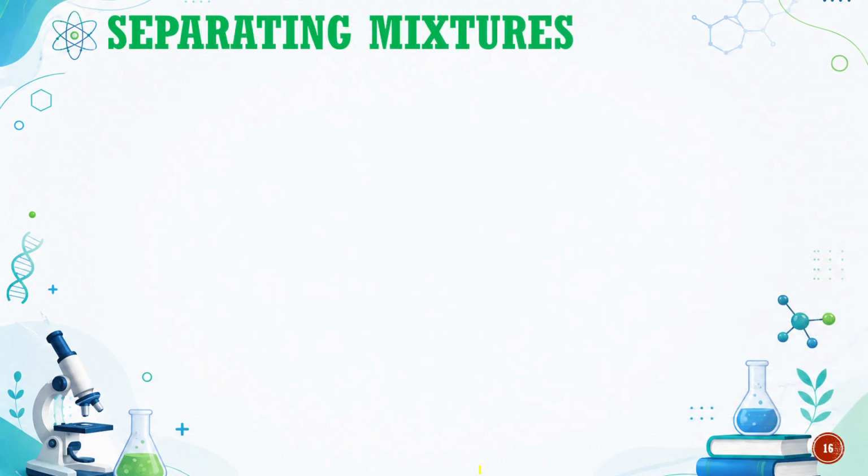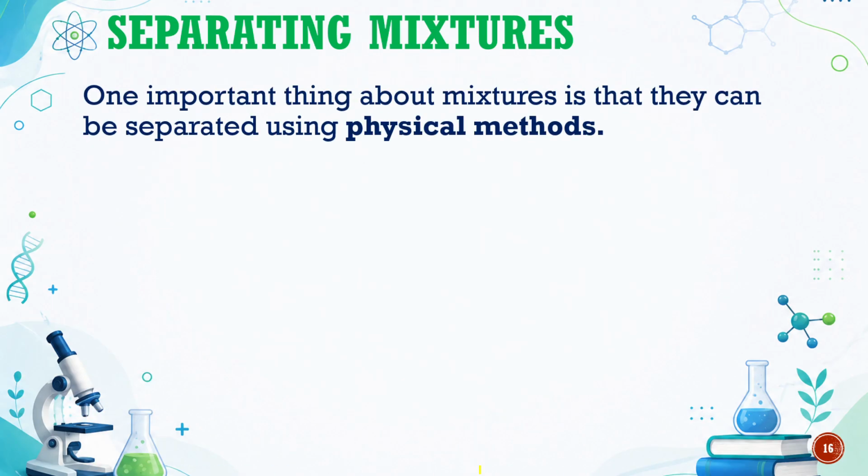All right. So now, as we talked about the separation of compounds into the elements, we are even going to talk about separating mixtures. Now, as we discussed, in mixtures there is no chemical bonding happening, there is no chemical reaction happening. So the elements or substances in the mixture are going to maintain their own properties, right?